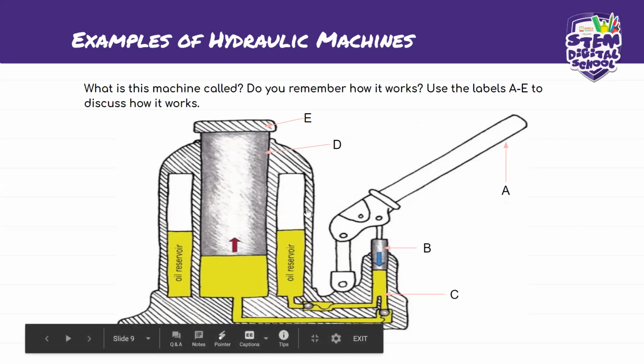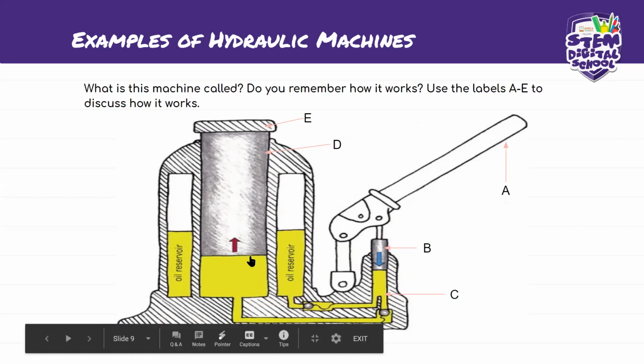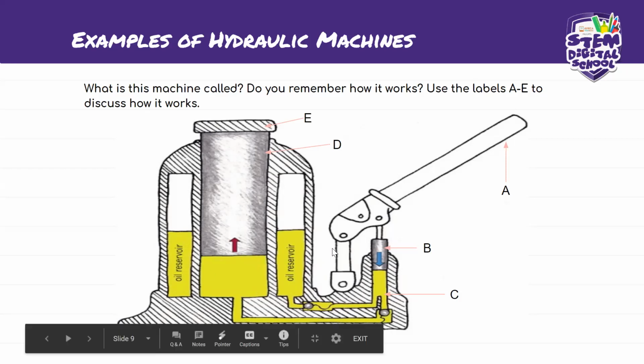So for some machines, you need another cooling system to cool down the whole machine. The cooling system is one, water, two, the fan. So if the water is short and the fan is not working, this system can overheat. Not only in the hydraulic car jack, in other hydraulic machines as well.